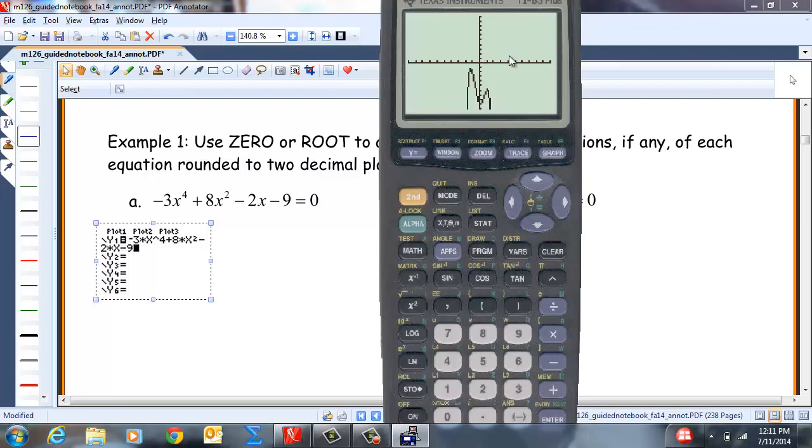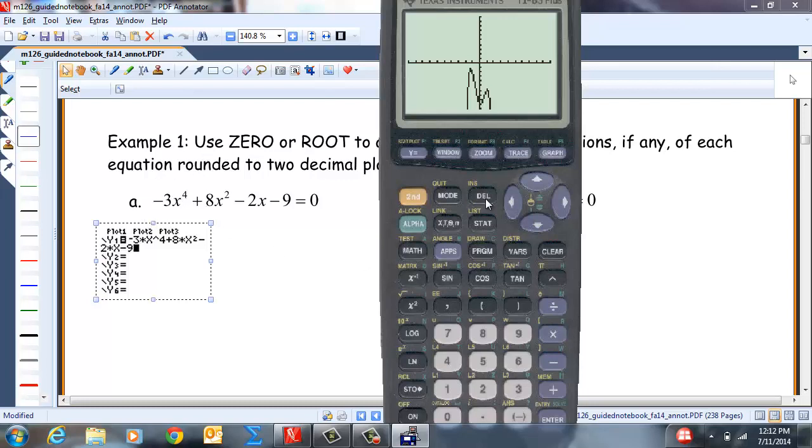So if you take a look here at this graph, you'll see that it doesn't look like it's going to touch the x-axis, at least not in this viewing window, right? But that doesn't mean it won't ever cross. We'll learn this later, but we have a negative coefficient in front of our leading term here.